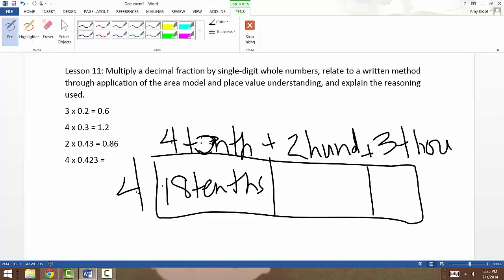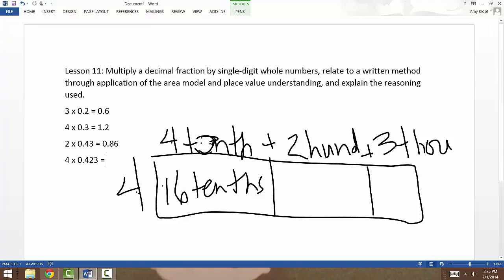I apologize. See, even I make mistakes. 4 times 2 is 8 hundredths. And 4 times 3 is 12 thousandths.